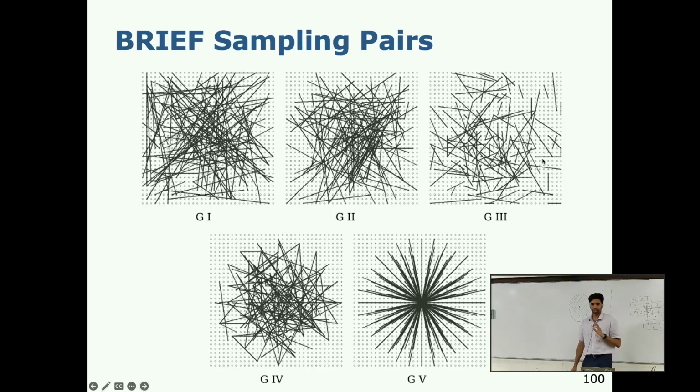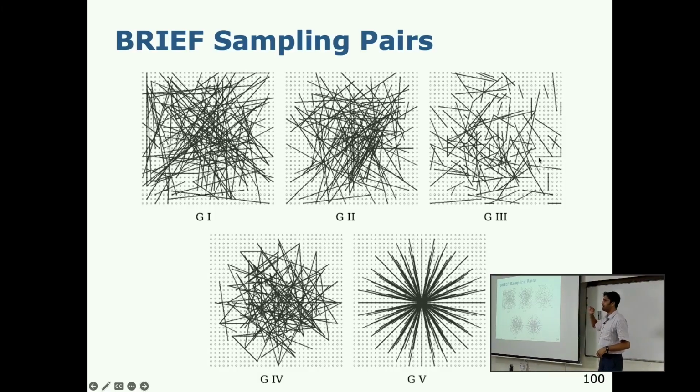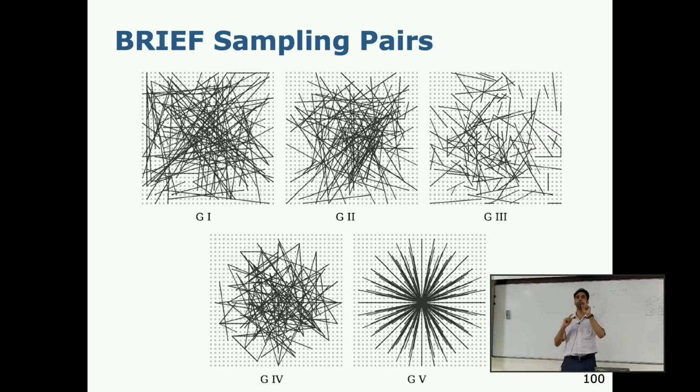The third one is quite difficult to guess, but it's a mix of uniform random and Gaussian. What's happening is the first element of the pair you choose uniformly randomly, wherever, and the second element you choose from a Gaussian around that first point.